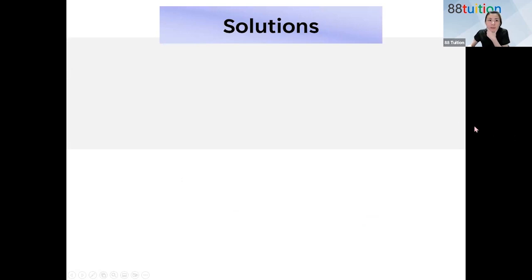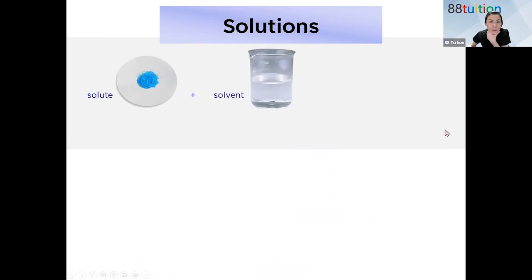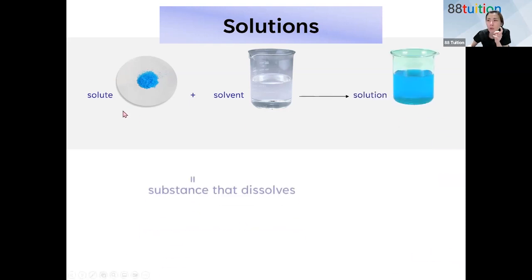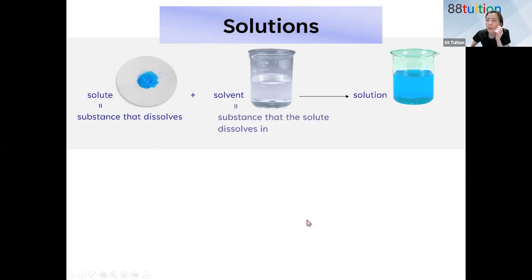So if you look at this first, solution. To make up a solution, you need first a solute as well as a solvent. When they combine together, you get a solution. That is provided the solute can be dissolved, and this is the suitable solvent for the solute to dissolve in.